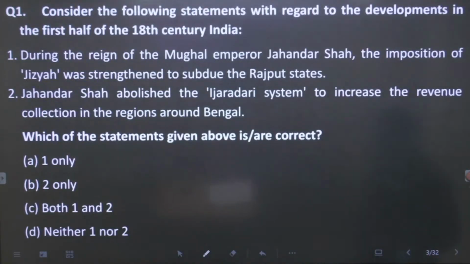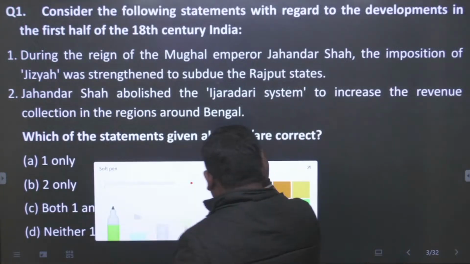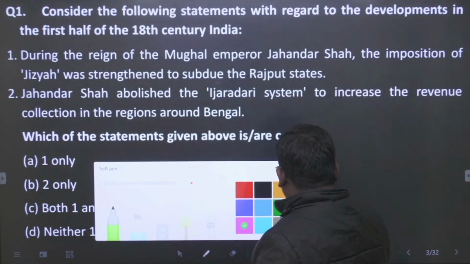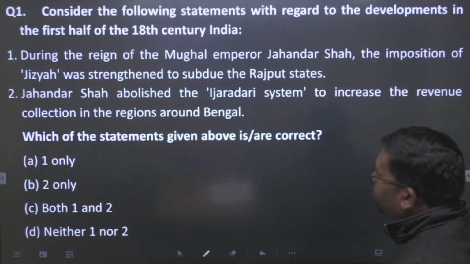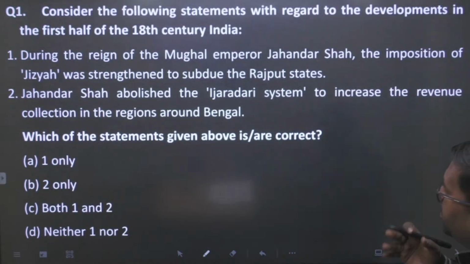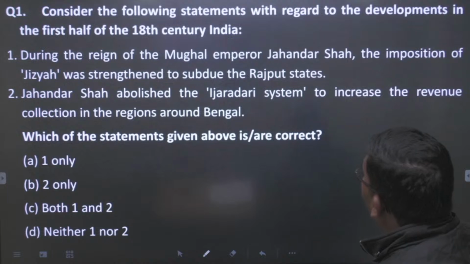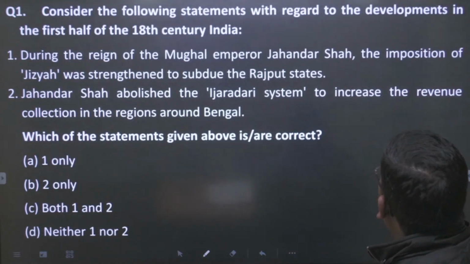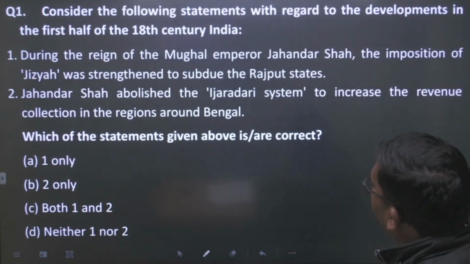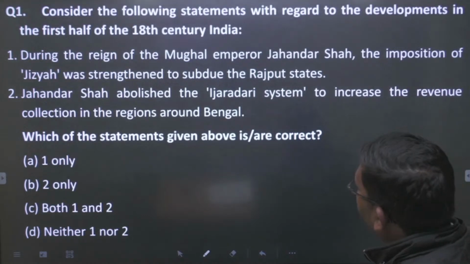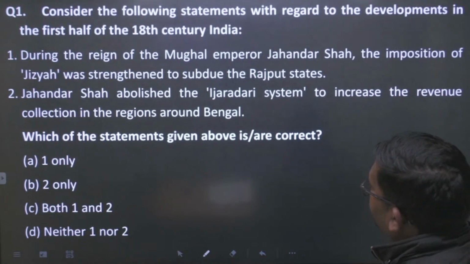So the first question that is taken here, you can have a look at the board. The first question is: consider the following statements with regard to the developments in the first half of the 18th century.